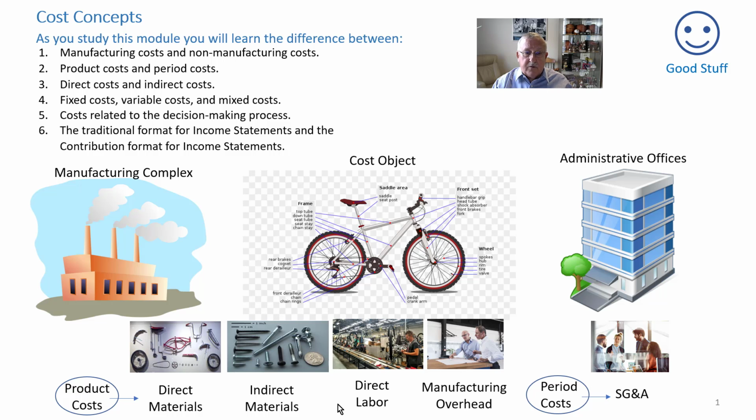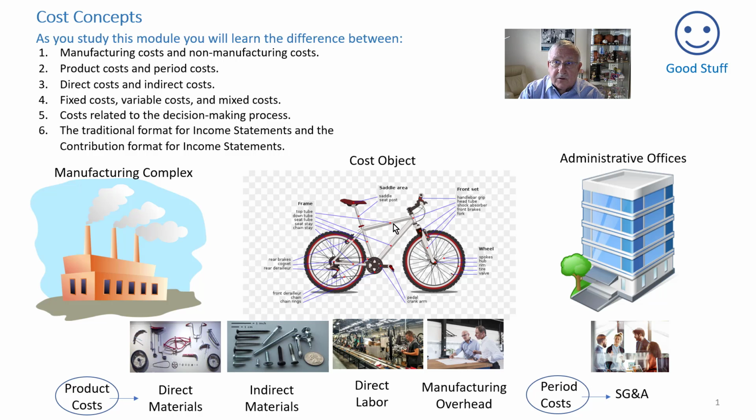It's important that you recognize the difference between product costs and period costs, and that you realize product costs are all the costs needed to produce the cost object. For Trek, the cost object is the bicycle. For Trek, the product costs are all the costs needed to manufacture that bicycle. It includes the materials, the labor, and the overhead.